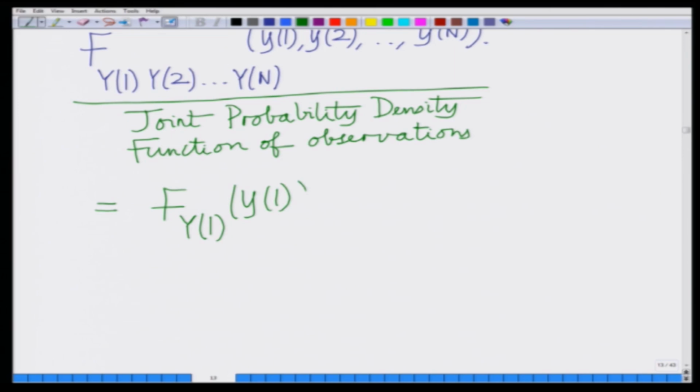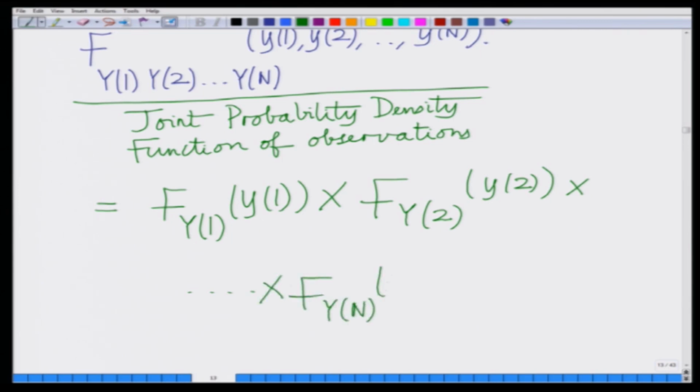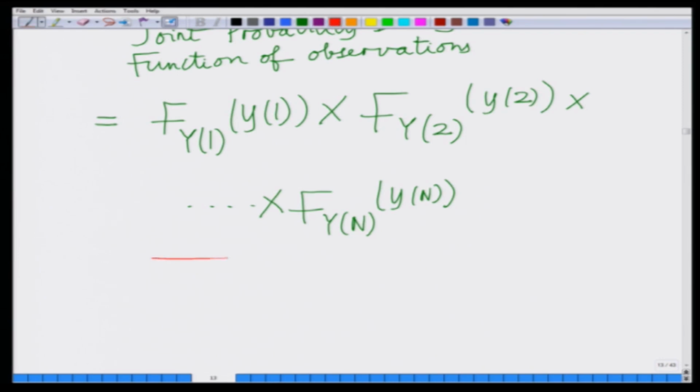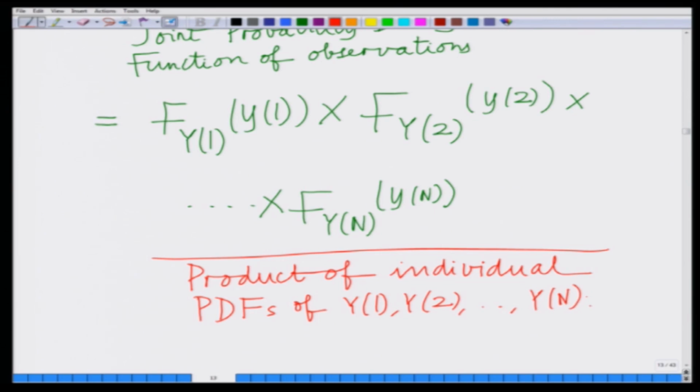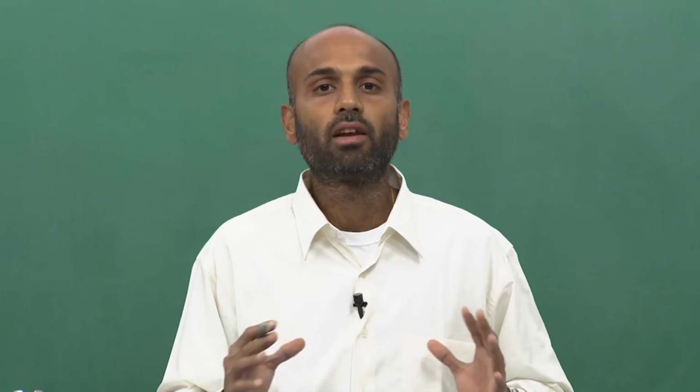Since these are independent, this is equal to the product of the individual probability density functions of y 1, y 2, y n.